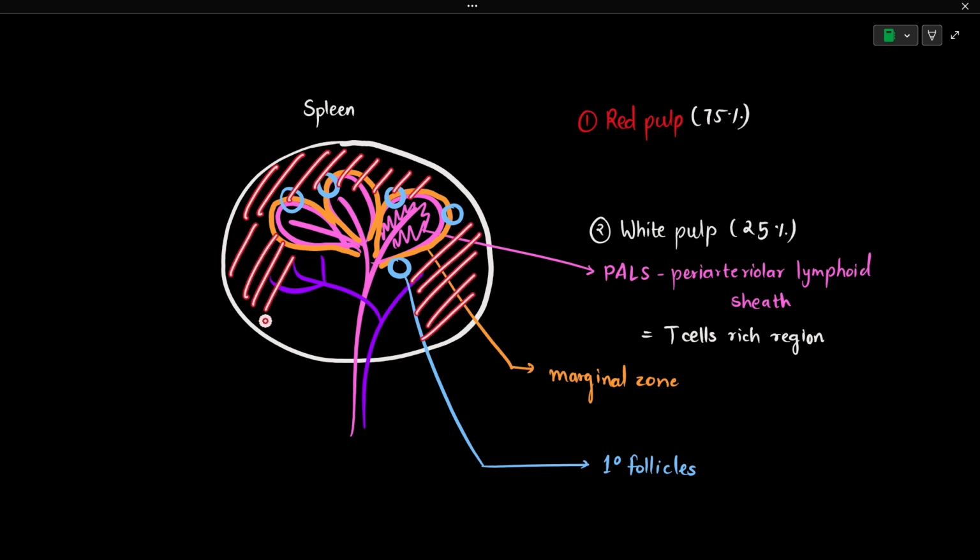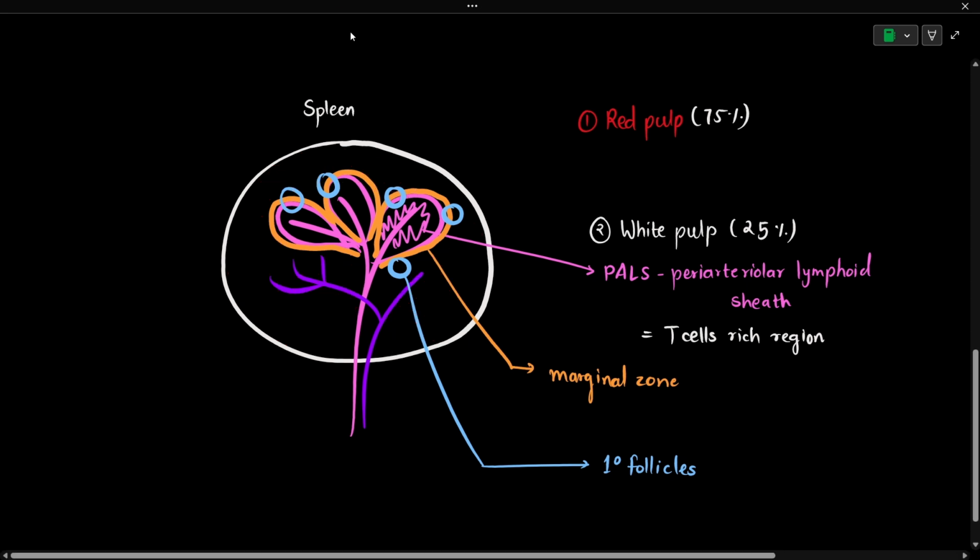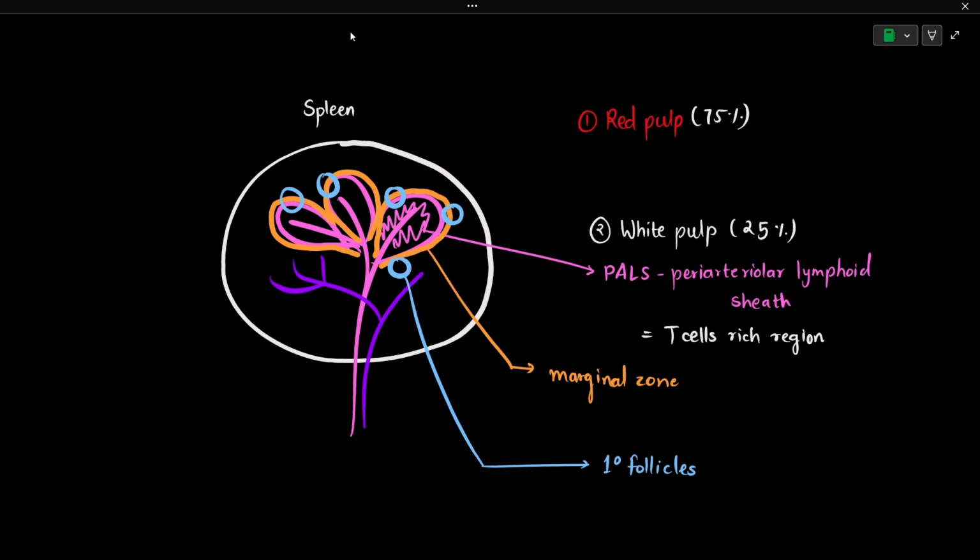This is red in color because of the presence of sinusoids here. So the red pulp has sinusoids, which are leaky blood vessels that allow passage of cells through them. So the cells, the macrophages and the dendritic cells, will be present in the red pulp besides the blood, which is also known as peripheral blood.